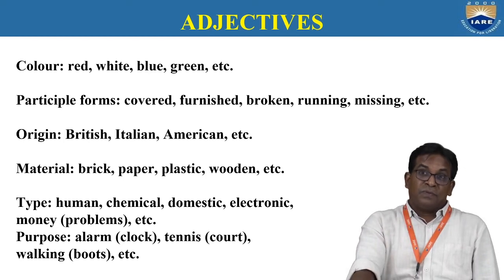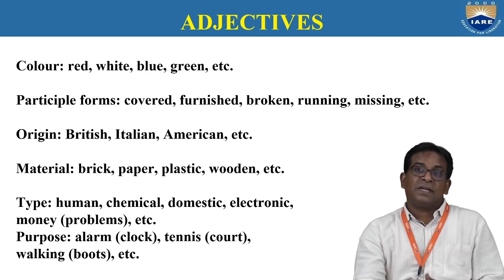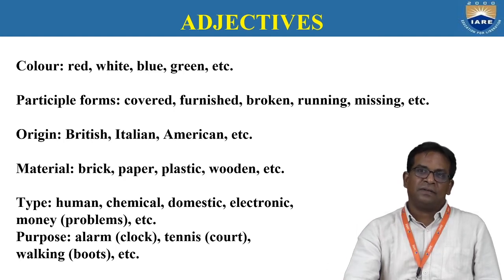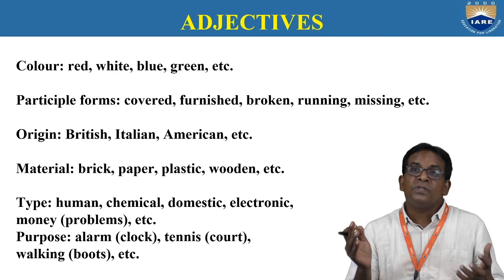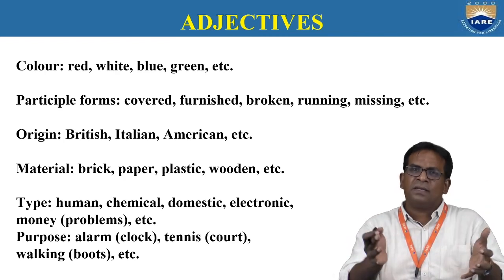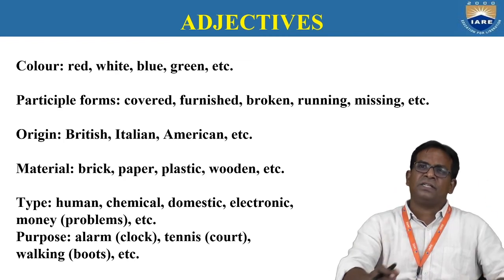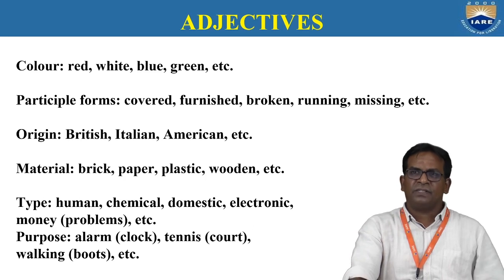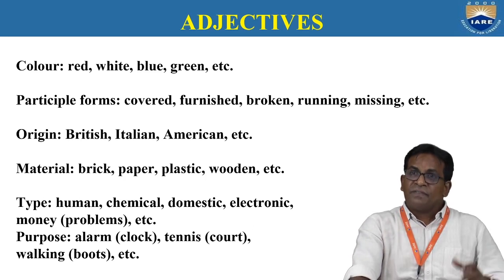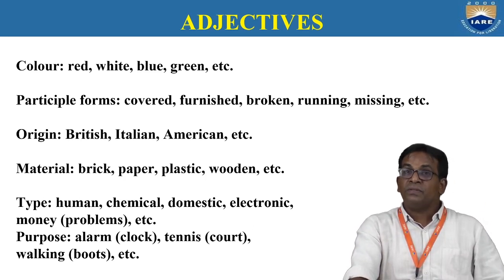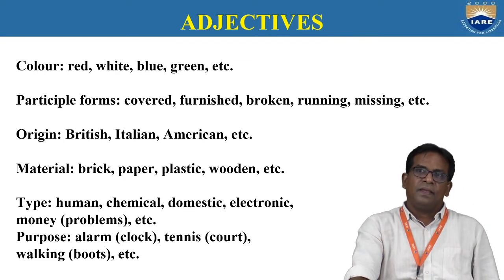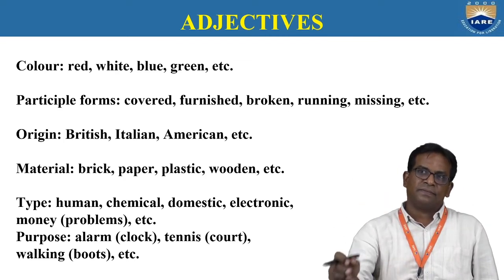And also participle forms. Hyderabad is a crowded city. Which city? Crowded. Actually, it is a past participle, but it is an adjective here. Furnished. It's a furnished house. Which house? Furnished. It's a broken glass.